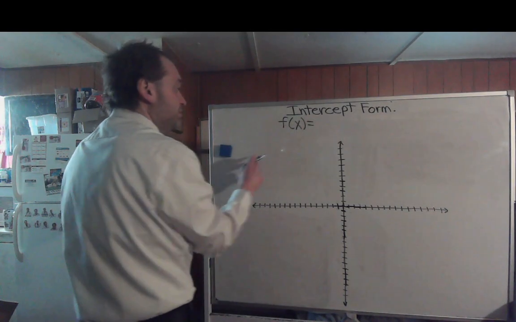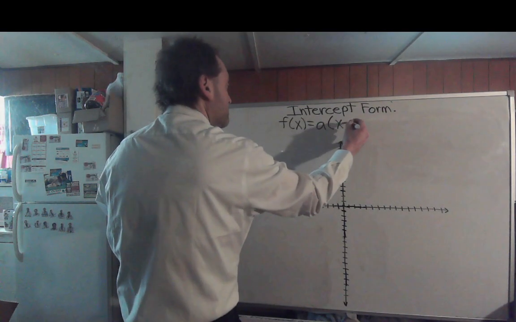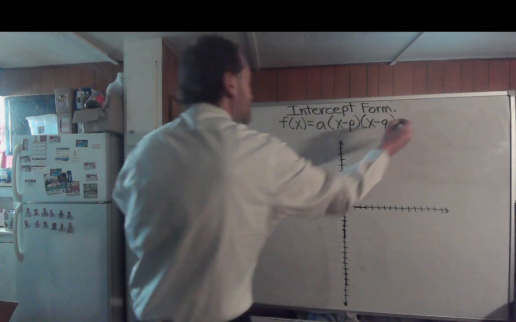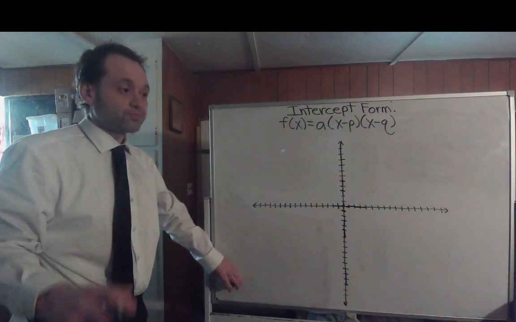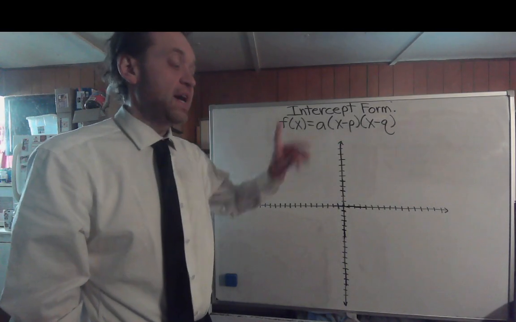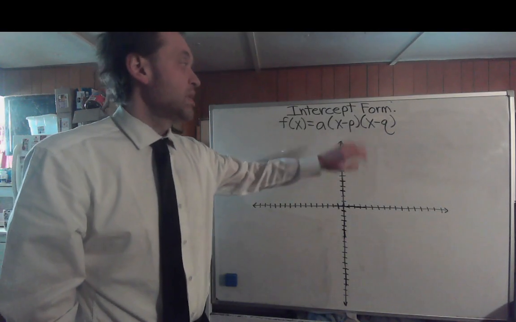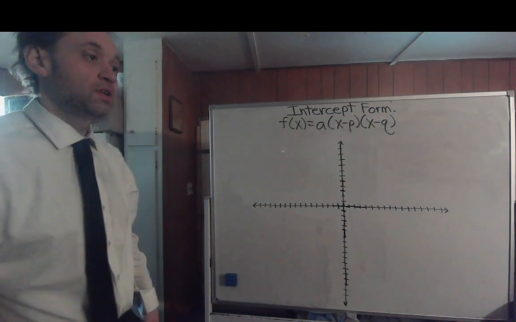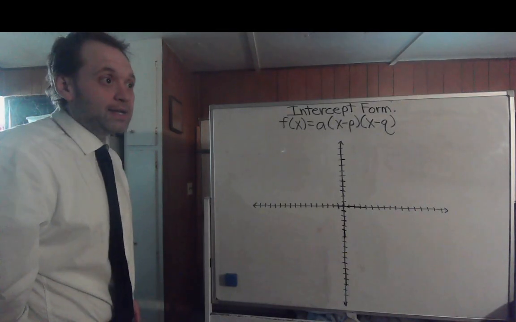So f of x equals a times your x minus p times your x minus q. So as you know, most, but not all, quadratic equations factor very nicely into very nice linear factors. But, well, they technically all factor, just not very nicely.